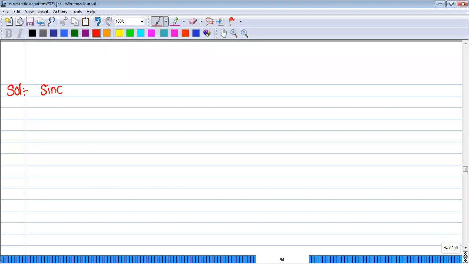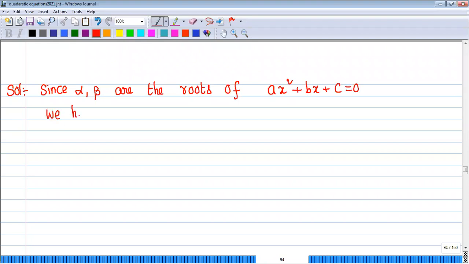Since alpha, beta are the roots of ax square plus bx plus c equals 0, we have alpha plus beta, the sum of the roots, equal to minus coefficient of x by coefficient of x square, that is minus b upon a, and the product of the roots alpha beta is equal to constant term by coefficient of x square, c upon a.